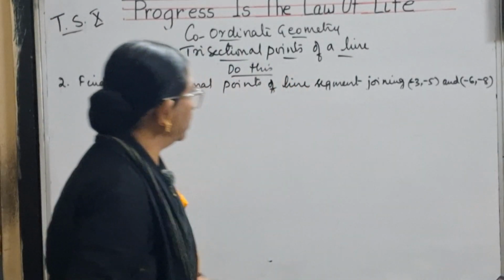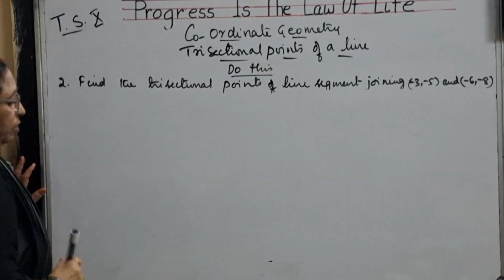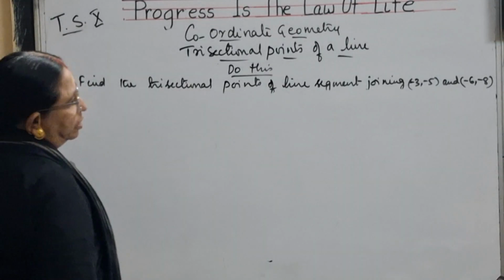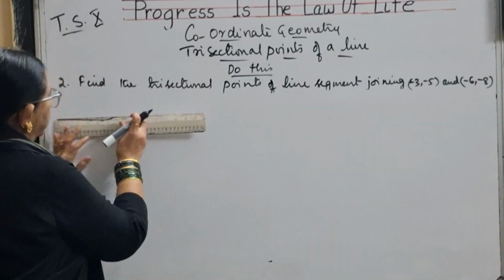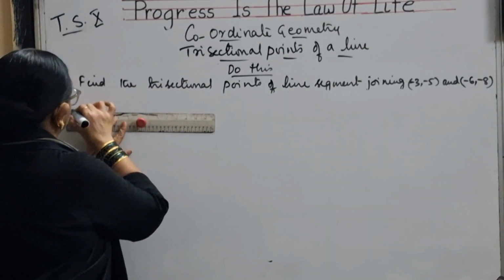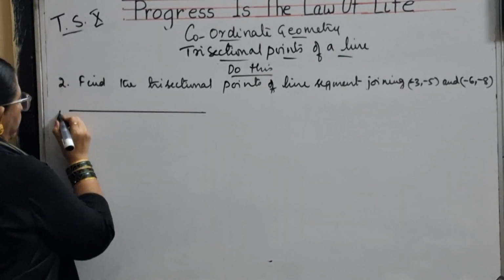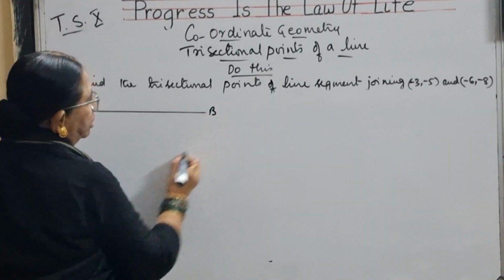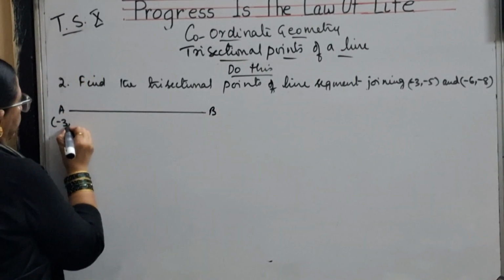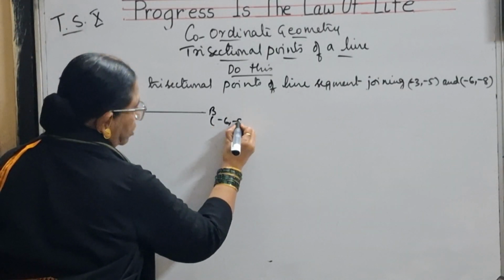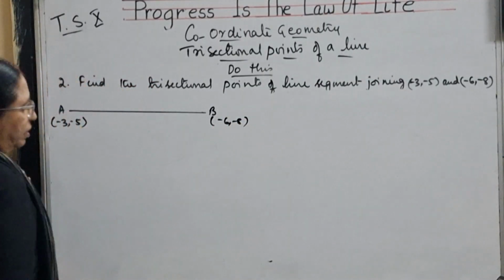Now do this second sum, children. Same type of problem. Find the trisectional points of a line segment joining (-3, -5) and (-6, -8). The procedure is the same. A and B are (-3, -5) and (-6, -8).